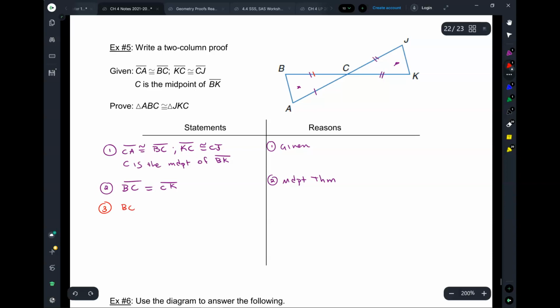So we can say BC is now congruent to CK. No, CJ, sorry, CJ. That's transitive. Okay, so now these two are congruent to each other. And also, AC and CK are also congruent to each other. This is all because of the transitive property. AC and CK, transitive property. Okay?